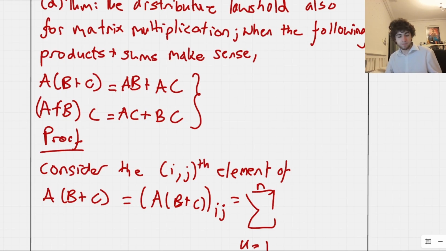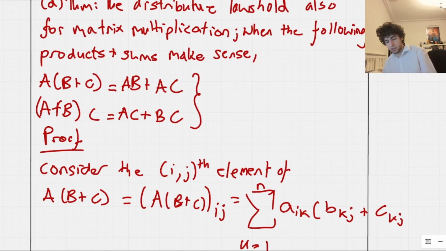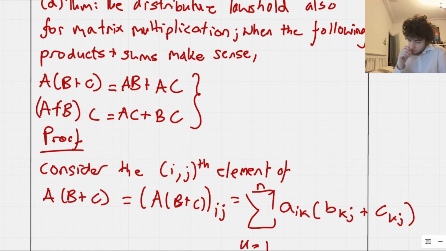So that's going to be the sum from k equals 1 to n of aik, and then every element of the matrix sum B plus C, which we defined in the previous video, I believe, is given by bkj plus ckj. Okay, awesome. And then what we can do is just distribute this sum, right?